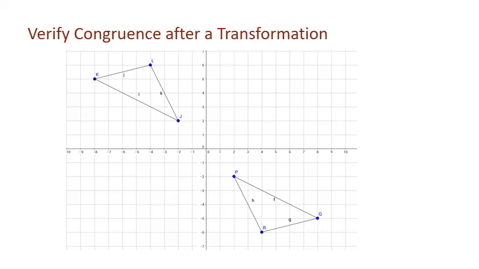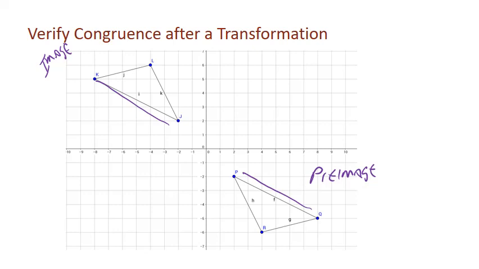Okay, now we've got to try to figure out what kind of congruence this is. So if I look at this, this is my pre-image, that's my original figure, which means that this is my image. So where does it look like things are going? Well, I've got this long side right here coming this way, and I've got this long side right there.